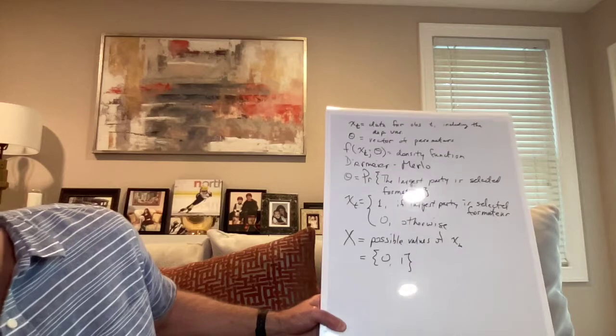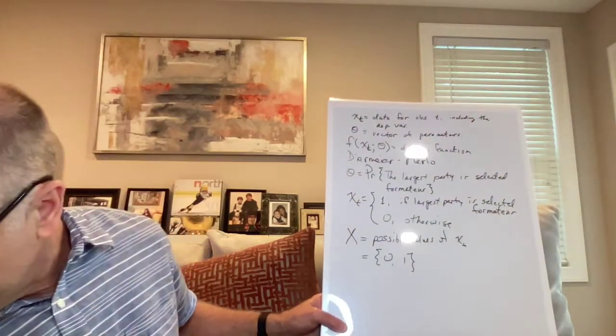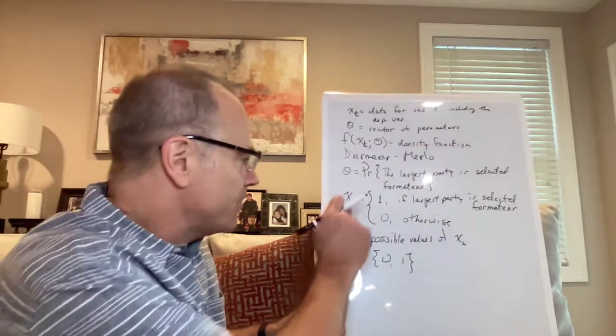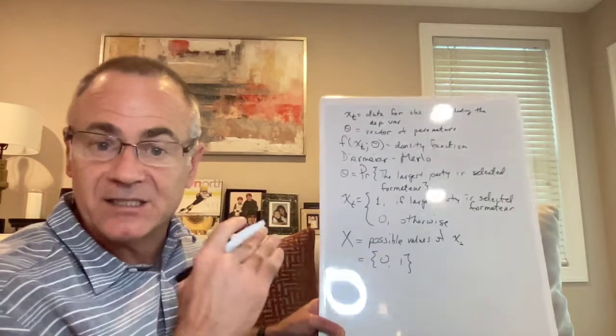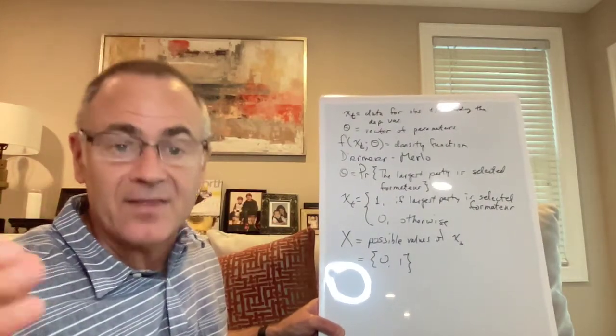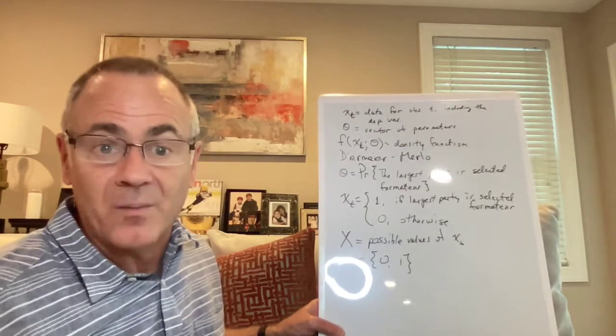Okay. Now, a likelihood function. Wait, by the way, in this case x of t is discrete. I said when x is discrete, that means the probability density function is a probability.